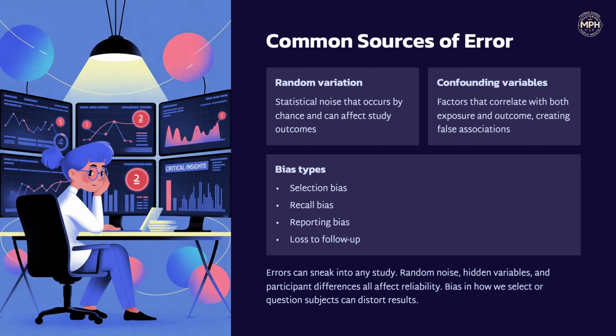It can creep in through selection bias, when study participants differ in ways that influence outcomes, or recall bias, when people remember exposures differently. For example, mothers of children with birth defects may search harder for explanations than mothers of healthy children. Loss to follow up is another problem. Especially in long cohort studies, people who drop out may be sicker or less healthy, skewing results.